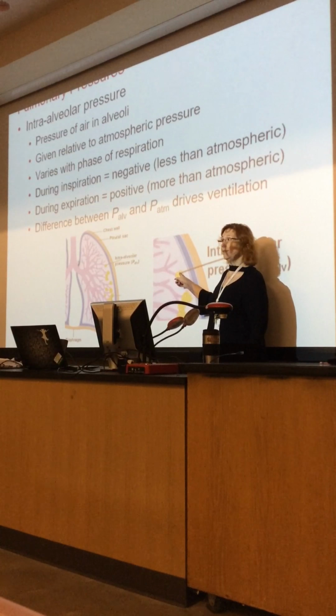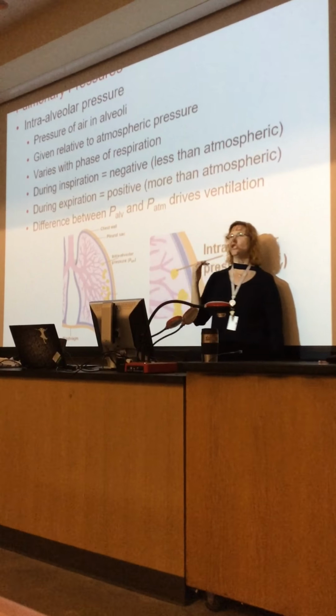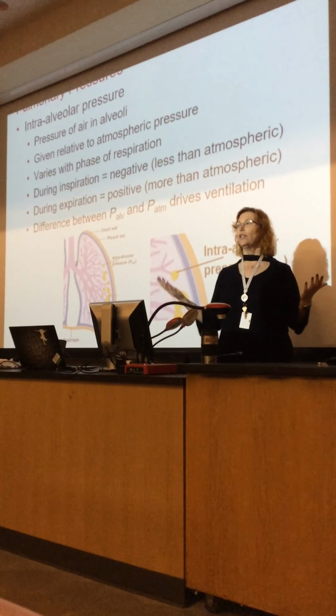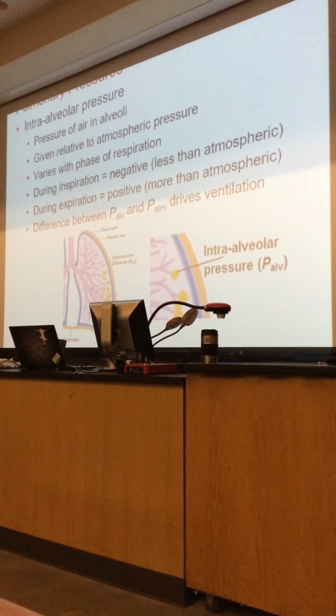It's going to be negative, because it has to be less than atmospheric, which is 0, if air is going to move from the atmosphere into my lungs, down its pressure gradient.